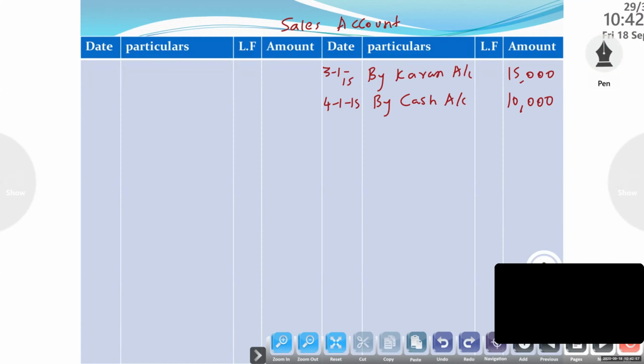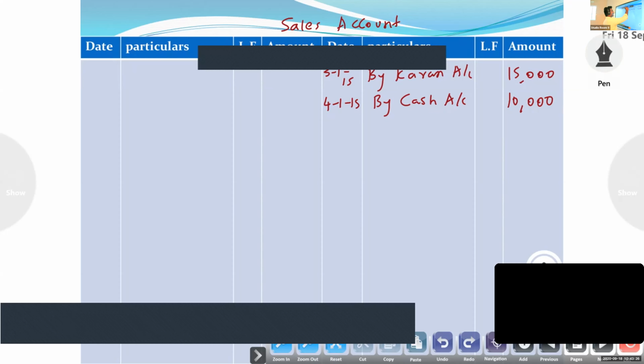Sir, 6th. Yes, 6th. So what do I have to write? Sir, Hina account debit to sales account. Yes. So in the sales account, which side? Tell. Sir, debit side. So you look at that entry. Now we are preparing the sales account.